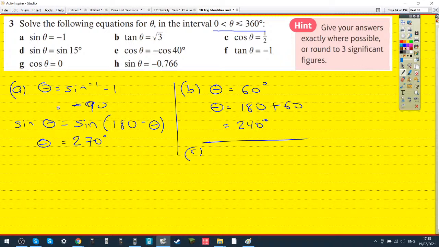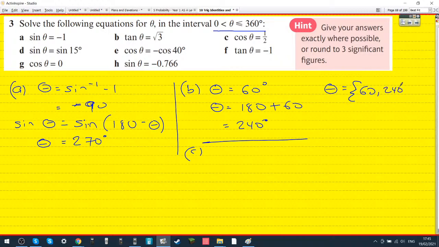So theta is equal to 60 and 240. I kind of skipped over A. I'll go back to A at the end. I just want to do the normal stuff first.